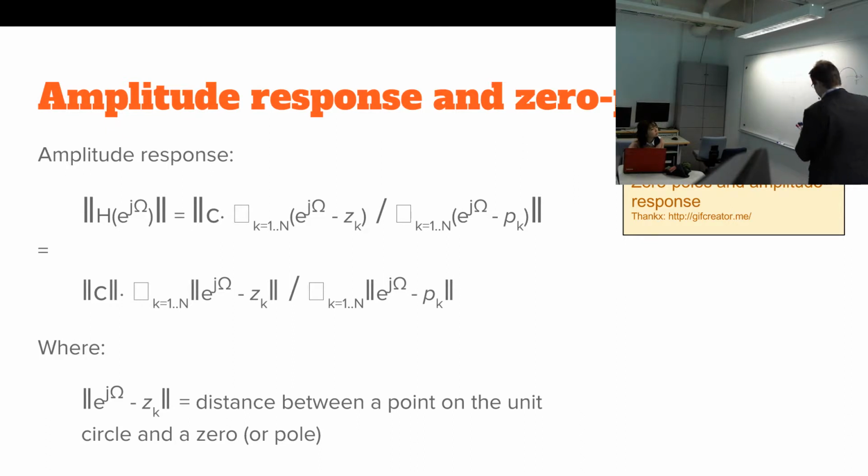All right, this here graphically is a distance from a point on the unit circle to the zero. It's a distance, yes, looks like a distance. And same thing here, this is the distance from e^jω to the pole.